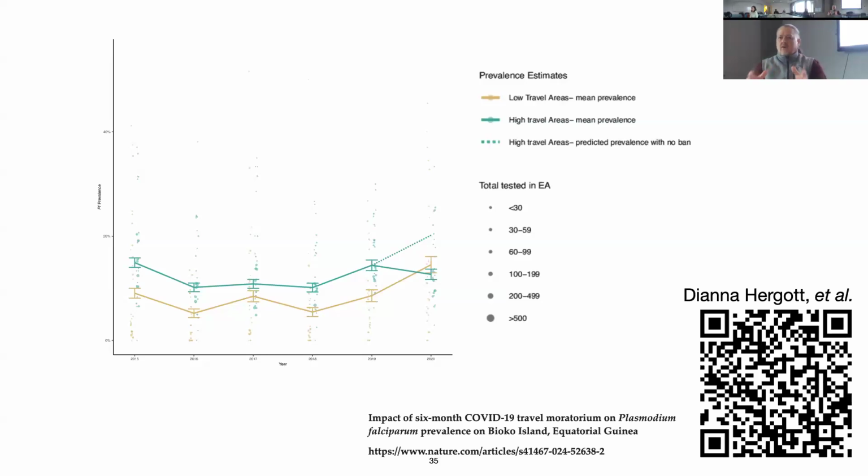But the main thing was that during COVID, it looks like malaria transmission went up everywhere. But it went up mainly in the areas on the outside. It didn't go up in the city, right? So we have this sort of increase in average transmission, but because of COVID, a reduction in malaria importation.